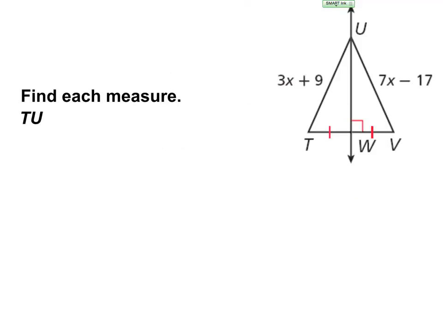And how about an algebra type? Is there a perpendicular bisector? Okay, yes. And a point that's on it is U. So it's the same distance from U to T as U to V. So how would we set up the problem to solve it?